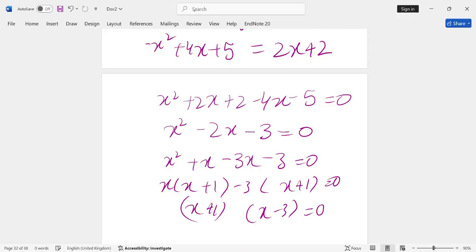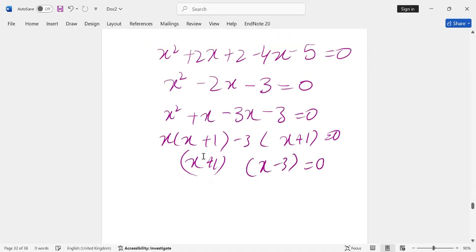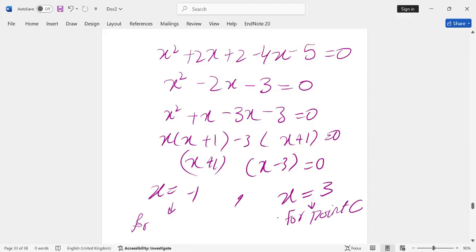So the values of x are x equals minus 1 and x equals 3. These are the x coordinates: this one is for point C, and this is for point A.